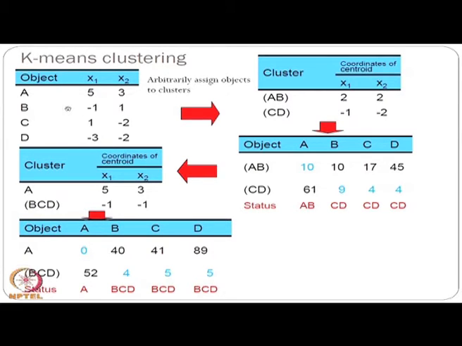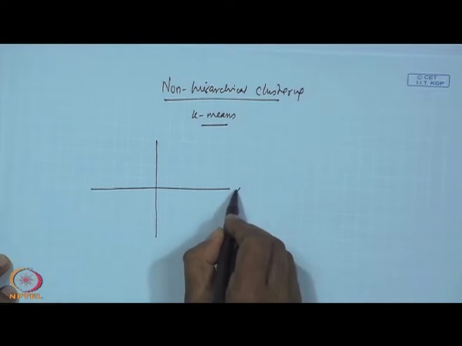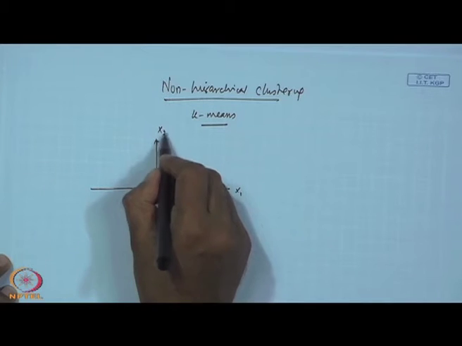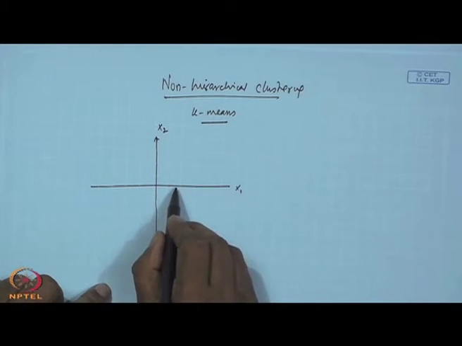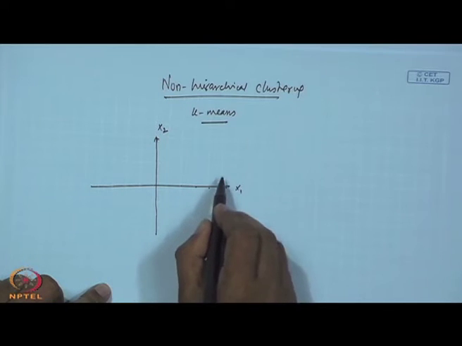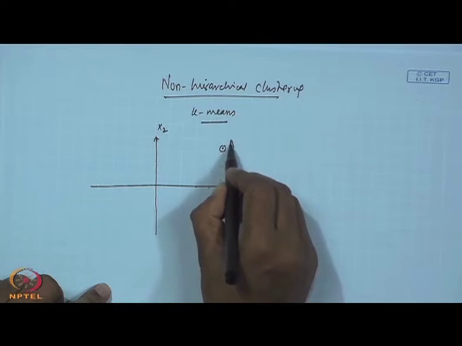If you see it pictorially, I have x1, x2, my A is 5 and 3. So 1, 2, 3, 4, 5, 1, 2, 3. So this is my A.